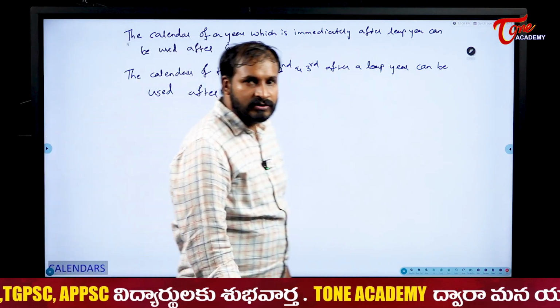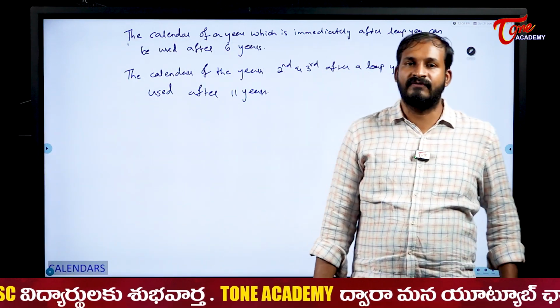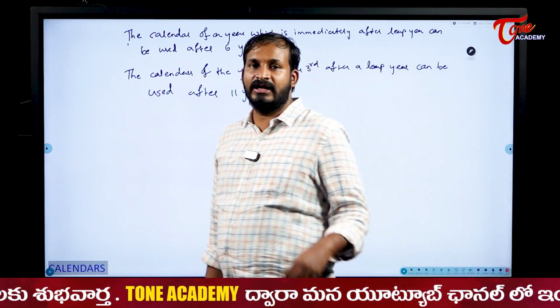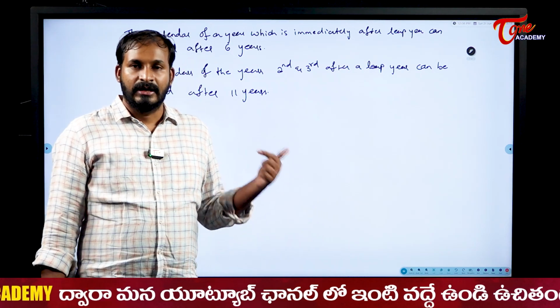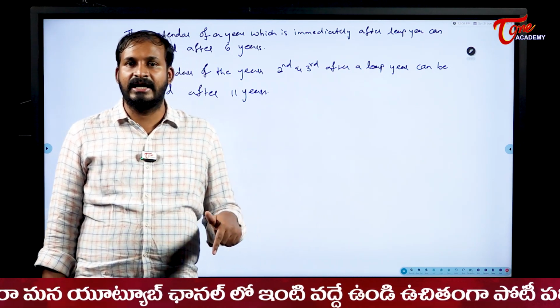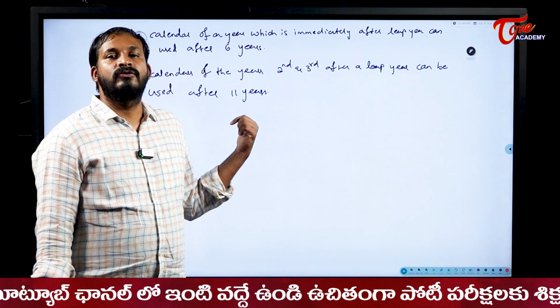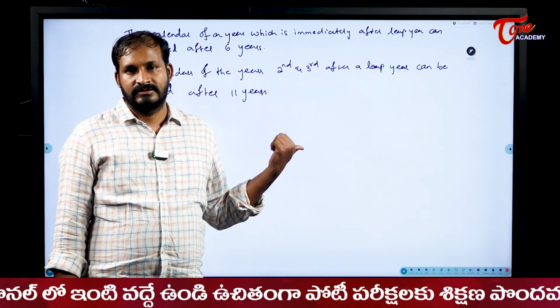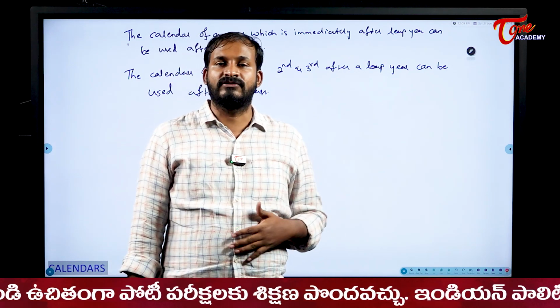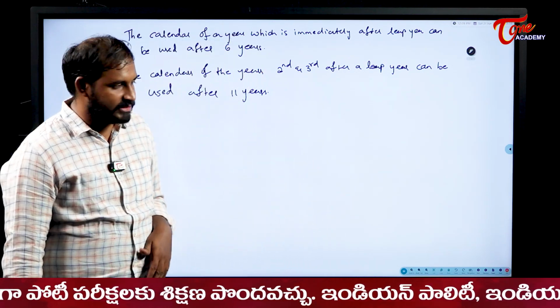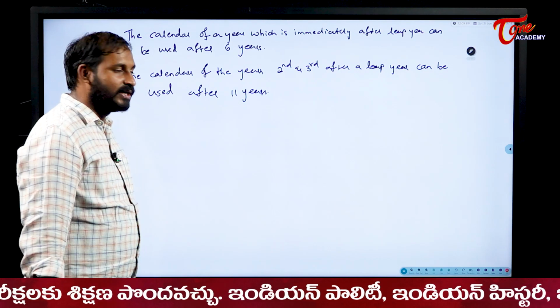That means 2014, 2015. I can use them after 11 years. That means 2014 plus 11, I can use it in 2025. Means the present calendar, this year's calendar will be same as our 2014 calendar, students. Okay, next 2015 calendar, I can use it in next year, that is 2026. 2015 plus 6, 11. So it becomes 2026.